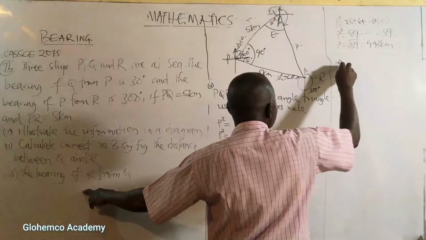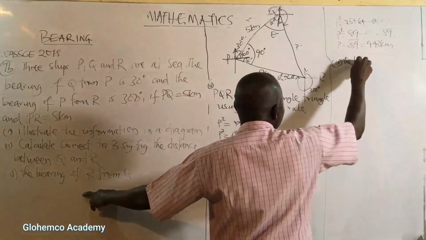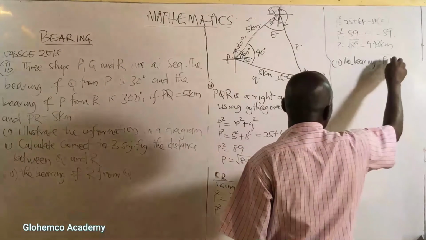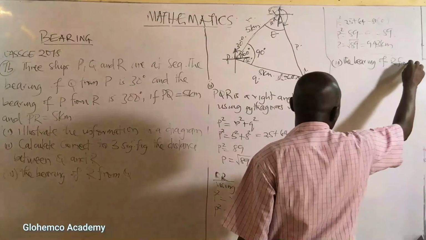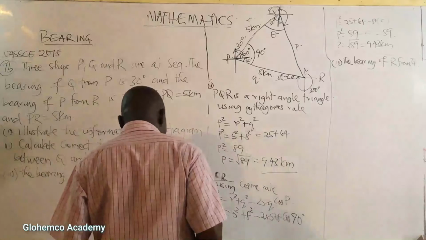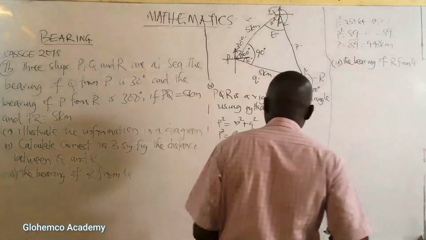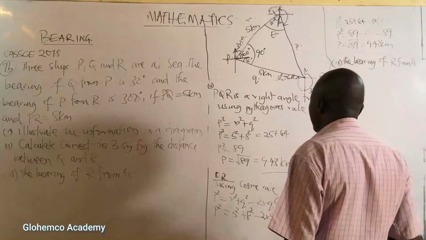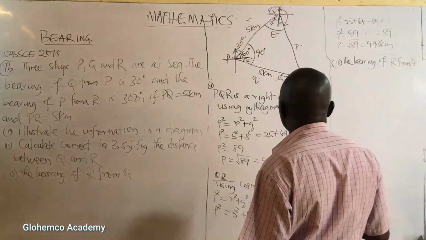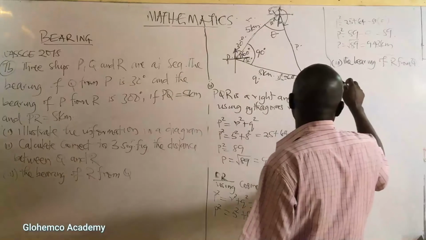We want to find the bearing of R from Q. How will you find the bearing of R from Q?